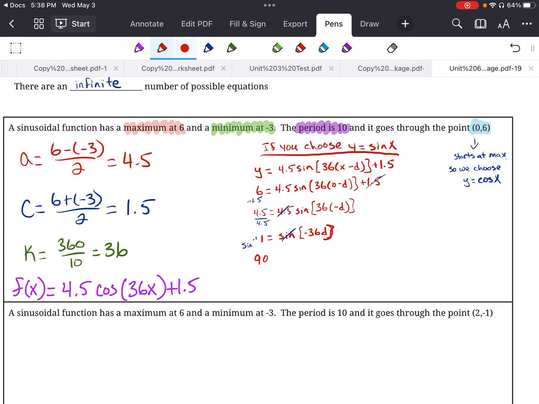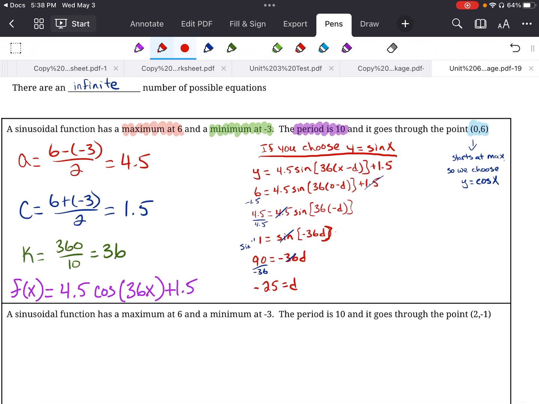So we get 90 equals negative 36d, and then we'll divide by negative 36 to isolate the d. So d is negative 2.5.